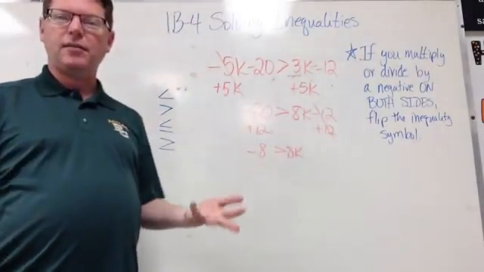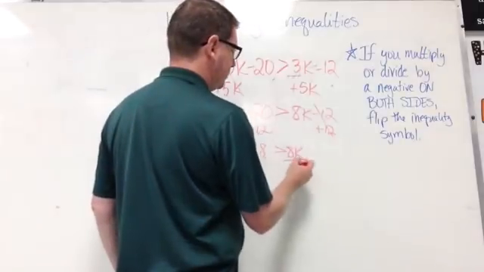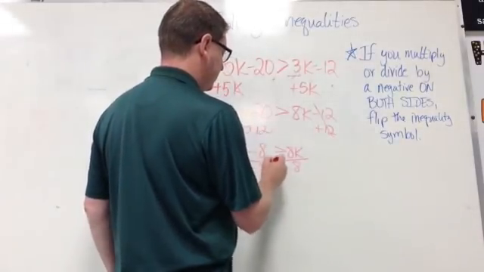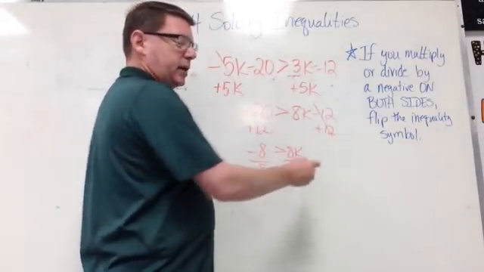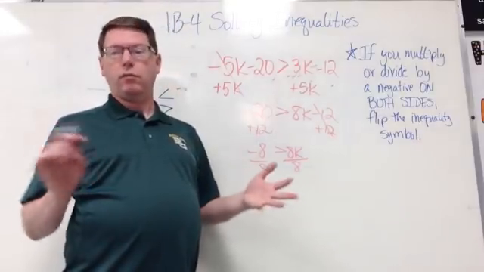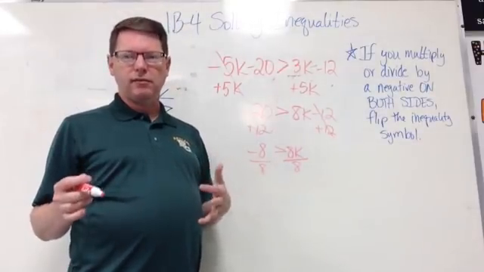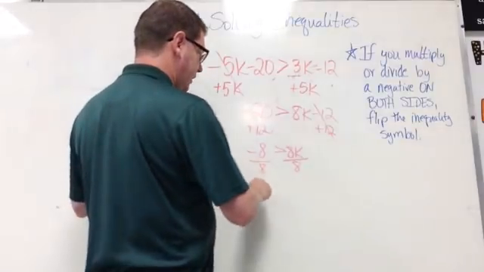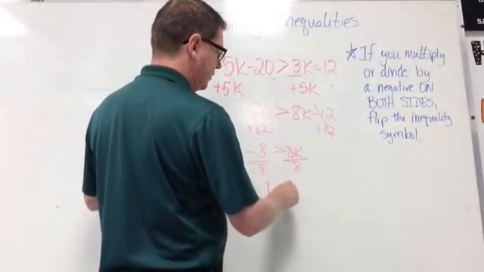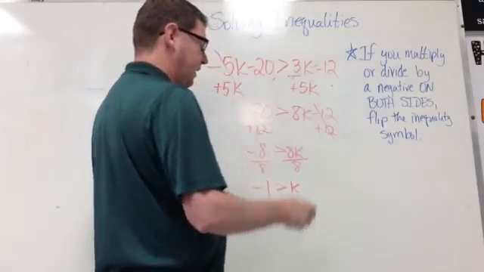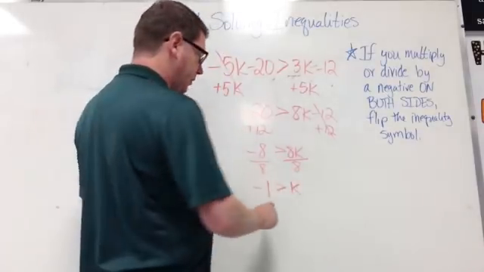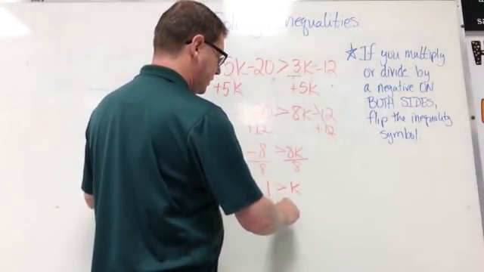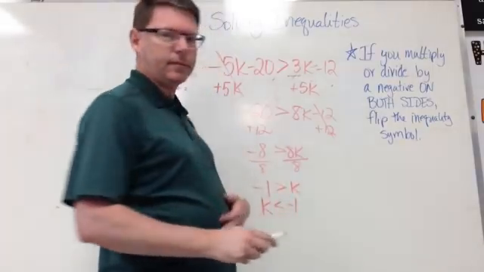And now, to get k by itself, I just have to divide by 8. Am I dividing by a negative on both sides? No. I'm only dividing by a positive, so I don't have to flip the symbol. So I have -1 is greater than k. And I could rewrite that, if I wanted to flip the whole thing, as k is less than -1.